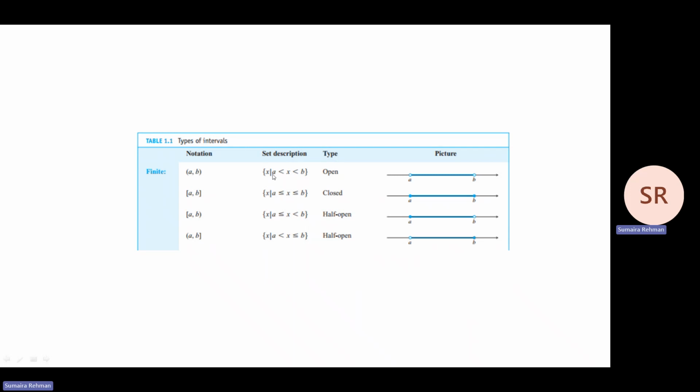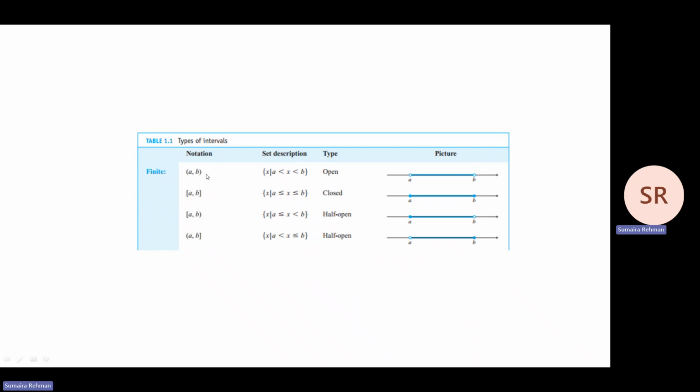This means all those x numbers from the real line which lie between a and b will be included in this interval. If we use the strictly less than sign or the strictly greater than sign, then we will not fill the circle, and we will use the round bracket, because we are considering the open interval.